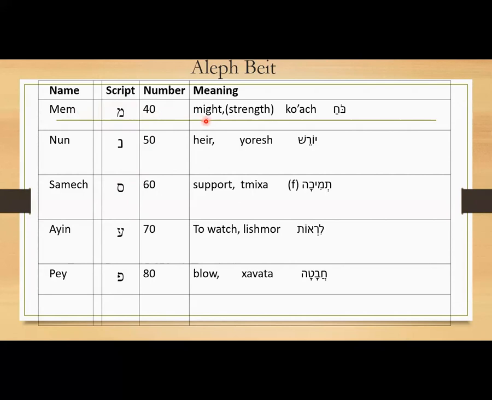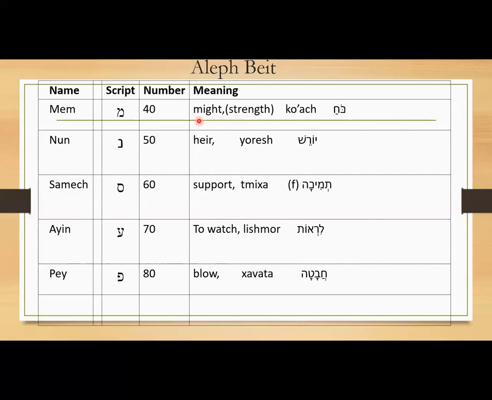And we're using the word might, which means strength. Same thing. We could use either strength or might. In your Bible, if you use the Hebrew Bible, sometimes at the translation of might, they will give you a number 1, then at the bottom they'll write strength.